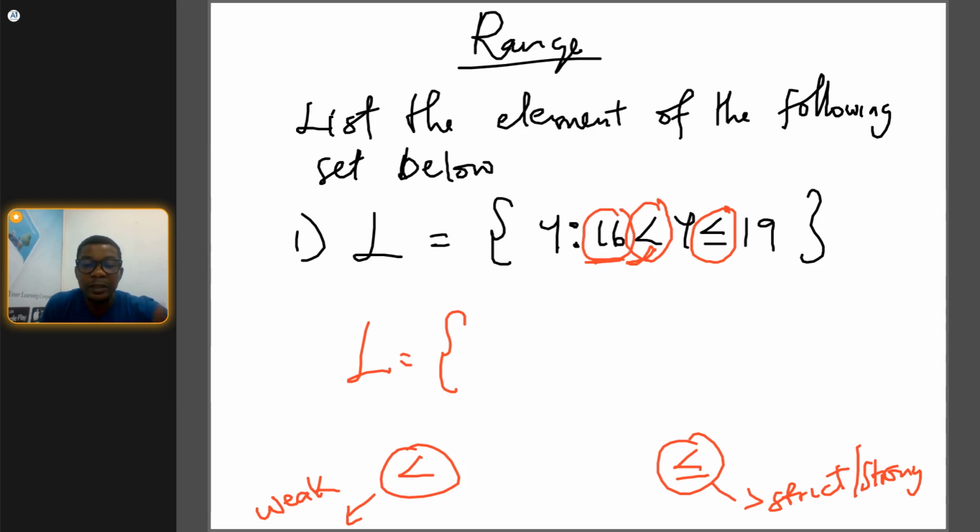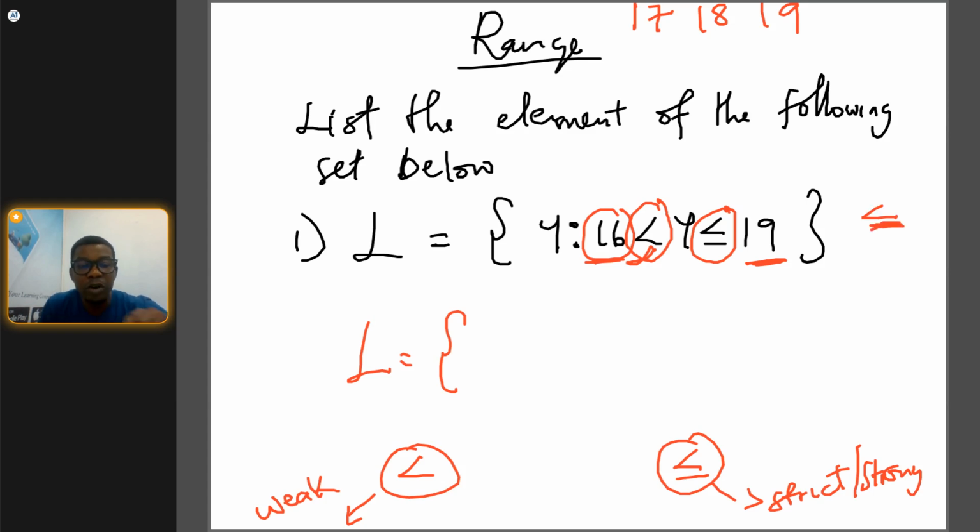So what are the other numbers up to 19? Let's write it out. We have 17, 18, 19. The reason why I didn't include 16 is because we have less than 16, and it is not less than or equal to.